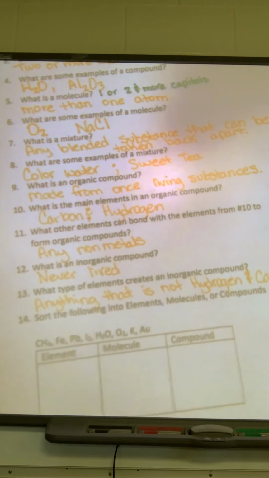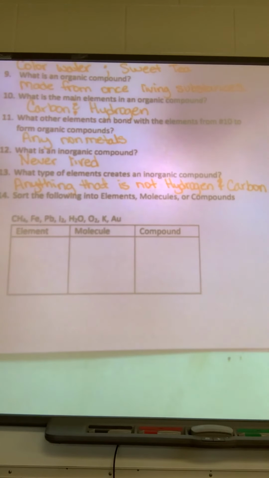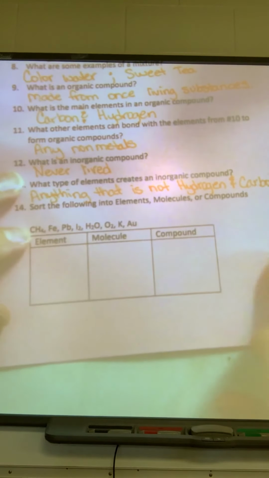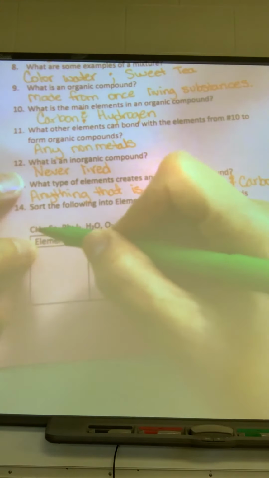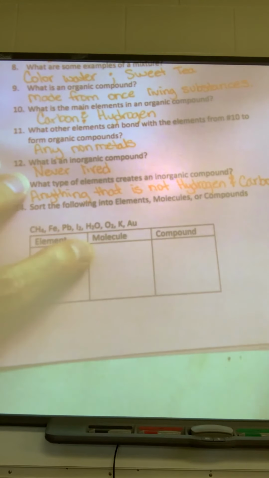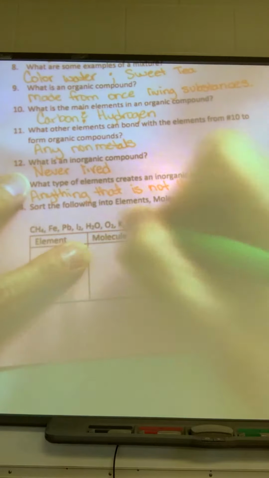All right. Now, you were supposed to be able to look at these in the chart above it and put them in based on whether they're an element, molecule, or compound. So I'm just going to look. CH subscript 4. I know it can't be an element because it has 2 capital letters in it. It can be a molecule because look, it has 1 and 4, which is 5. So I can put it here.